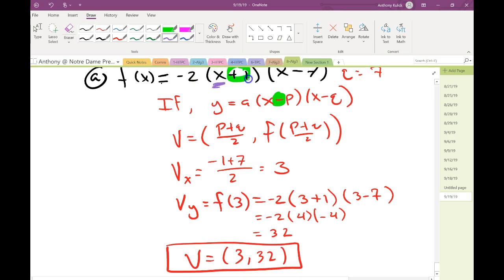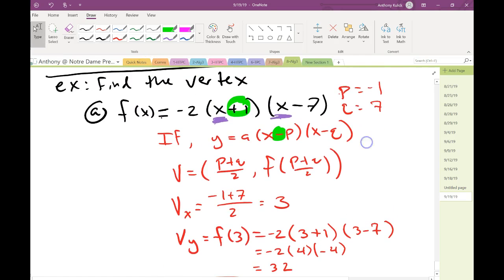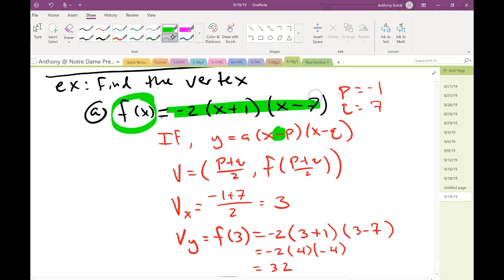I plugged it in to the x's in my f of x up here. What f of 3 means is I'm going to be looking at my equation for f, which is this, and everywhere there's an x, I'm going to replace that with a 3.